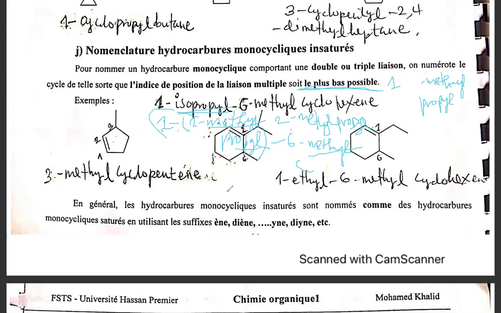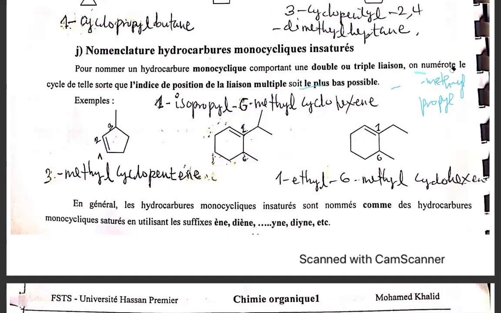If you name it using this radical, that is 2-methyl propyl, the correct answer will be 6-methyl, then in your brackets 2-methyl propyl cyclohexene. But if you use the non-usual, that is isopropyl, it will be 1-isopropyl-6-methyl cyclohexene.